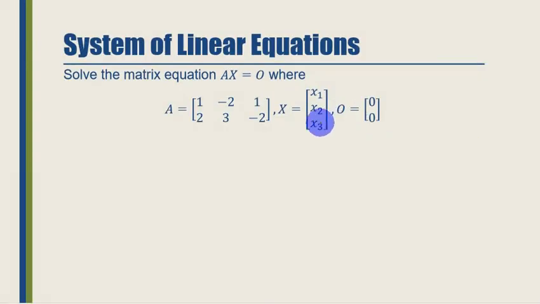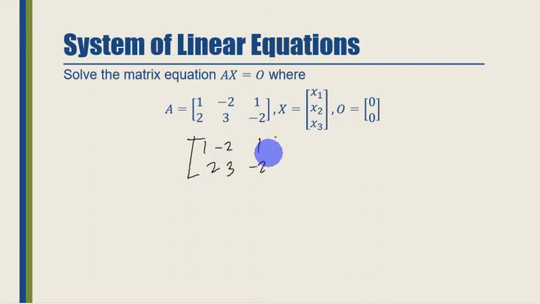So, seeing it in this example, we are asked to solve the matrix equation AX equals 0, where this is matrix A, matrix X, and matrix 0. So, applying what we've seen a while ago, this is actually this system. AX equals 0 is actually 1, negative 2, 1. Oops, that's just positive 1. There you go.